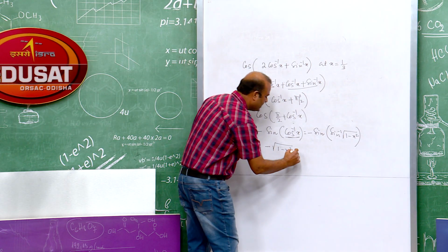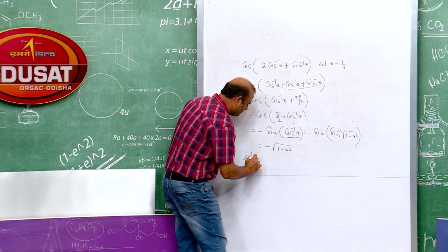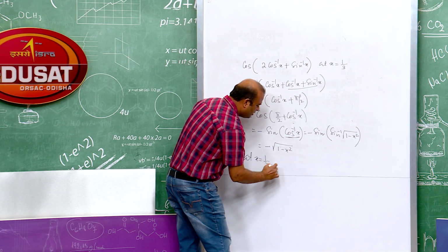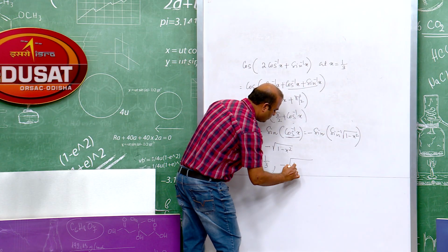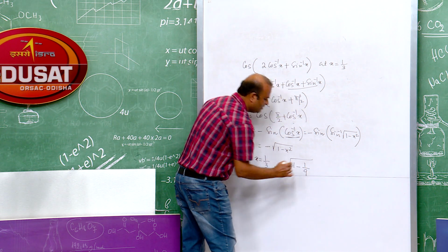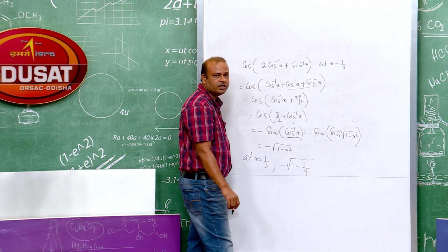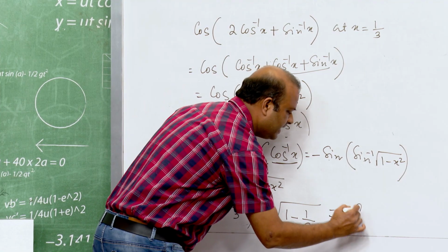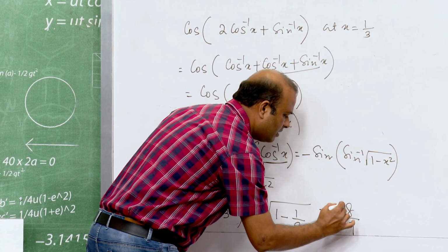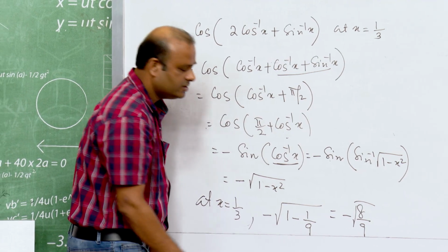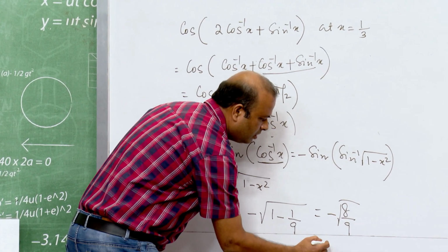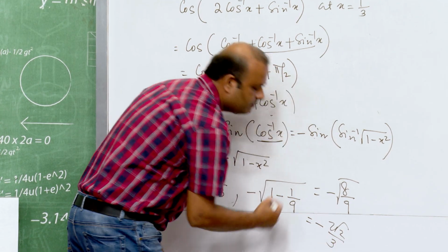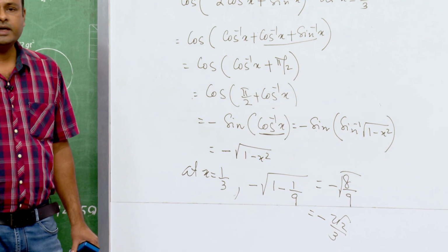So at x equal to 1 by 3, the value is minus root over of 1 minus 1 by 9, which equals minus root over of 8 by 9, that is minus 2 root 2 by 3. This is the answer, right?